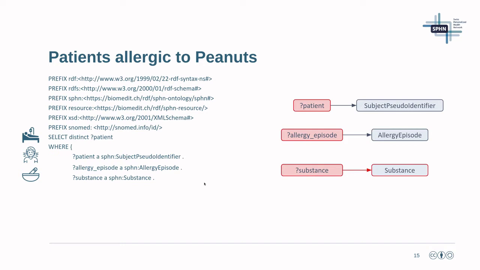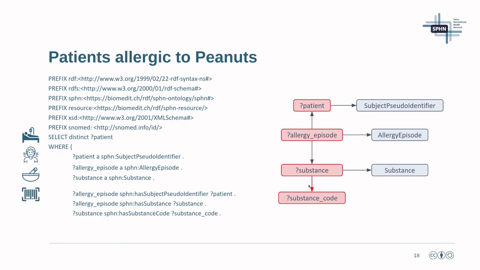And then we need to link all these variables together in order to get the data that is actually connected here. So we first need to say, okay, the allergy episode variable must be connected to the patient through the has subject pseudo identifier. The allergy episode must also be connected to the substance through the has substance.